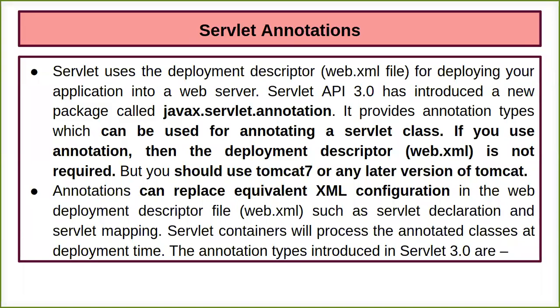Secondly, it holds some configuration details, such as what xml version and what encoding I am using. All those things are placed inside the xml file. If I am making use of servlet annotations, I don't have to implement the web.xml file.